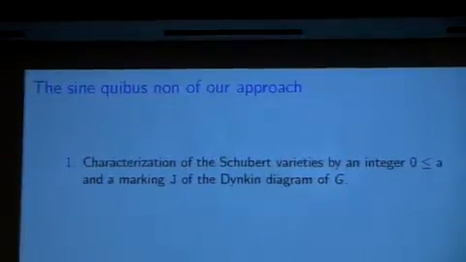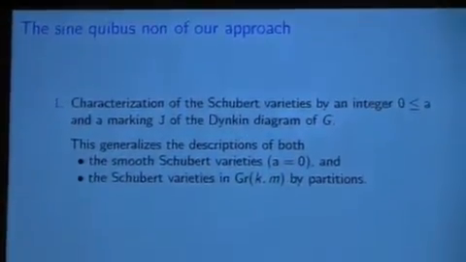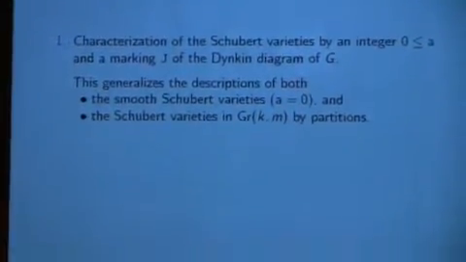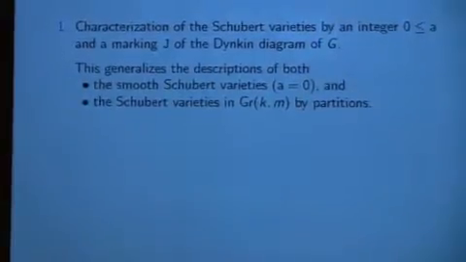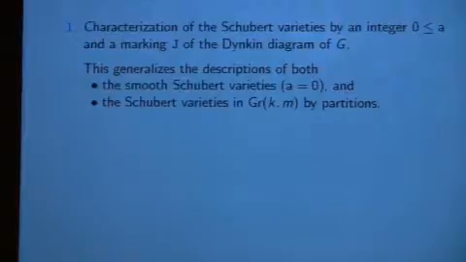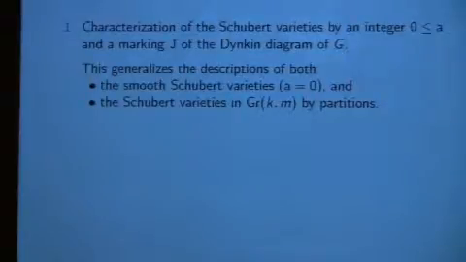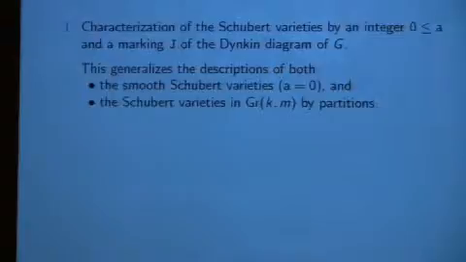And that integer is 0 precisely when you have a smooth Schubert variety, and this description can be seen as a generalization of the characterization by connected subdiagrams. Or if you're very familiar with the partition description of the varieties in the case of the Grassmannian, it's also a generalization of that. There's a recipe to go back and forth between the partition dictionary and the a-j dictionary for the Schubert varieties.